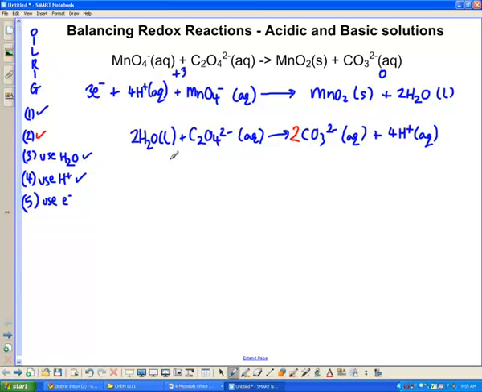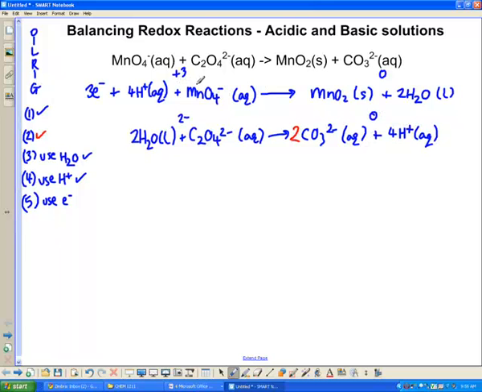Now when we go down to the bottom, total charge here of 2- from here. Total charge here of 4+, 2-, oh no, hang on, forgot about that. There's 2 of these, so that's 4-, 4+, giving a total charge of, well, apparently 0. Now, we're going to apply exactly the same rule that we did up here.